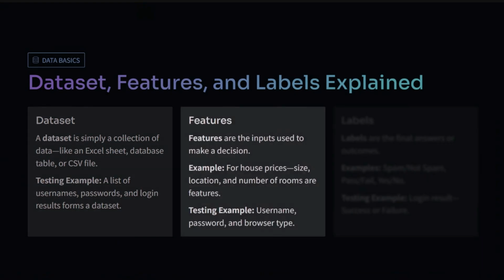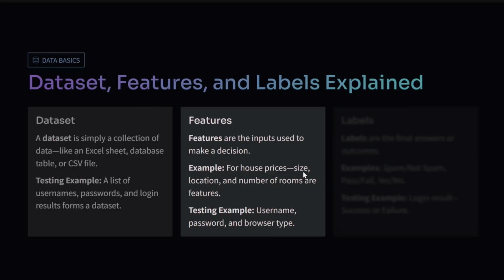Now coming to features. We understood the data set. Now what is a feature? Features are the inputs used to make a decision. Though it is a definition, it is very vague and there is no clarity. We learn by example. Let's suppose we want to know house prices. Based on what do house prices increase or decrease?